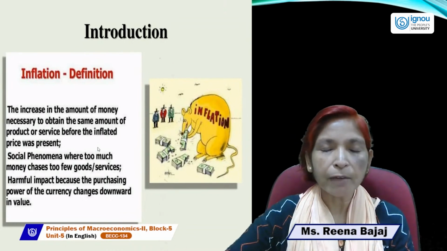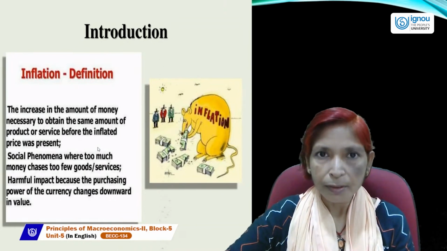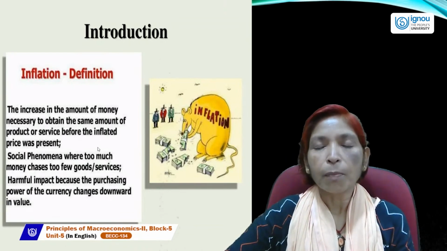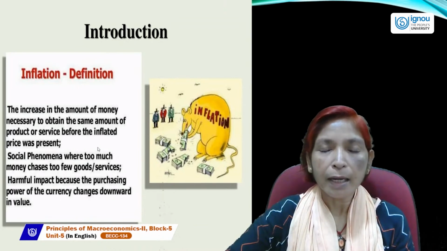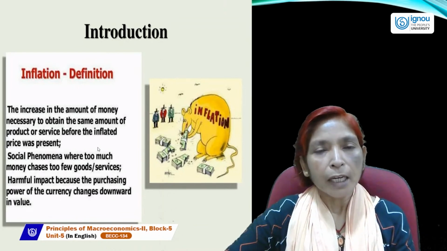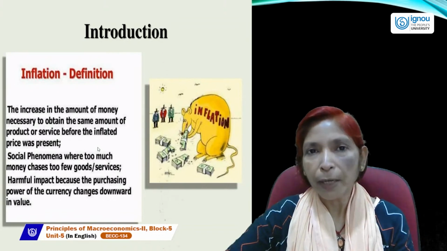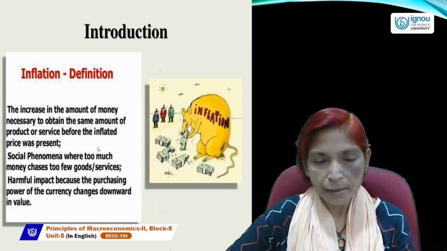If money supply is halved, then price level will be halved. It means there is a positive, direct and proportionate relationship between money supply and price level. It means inflation occurs only due to increase in money supply, not any other factors.